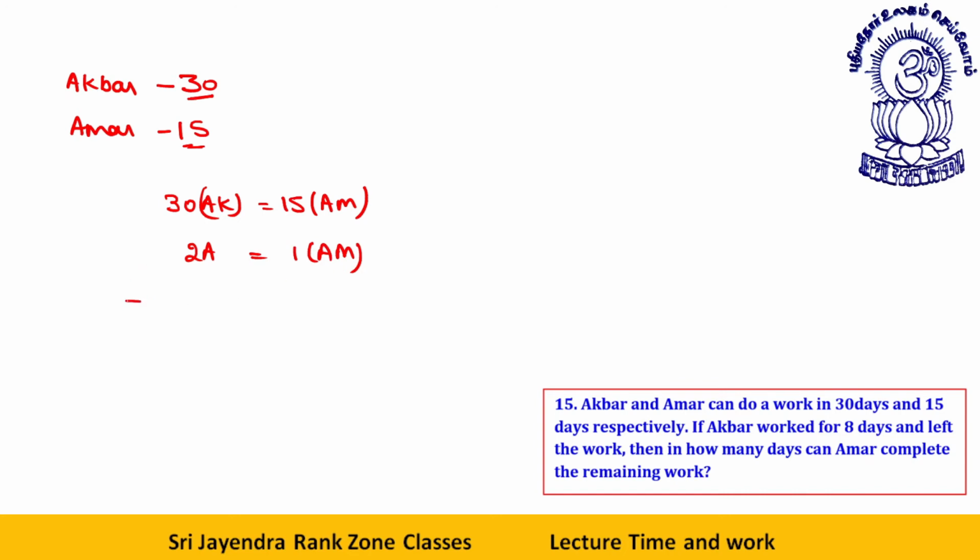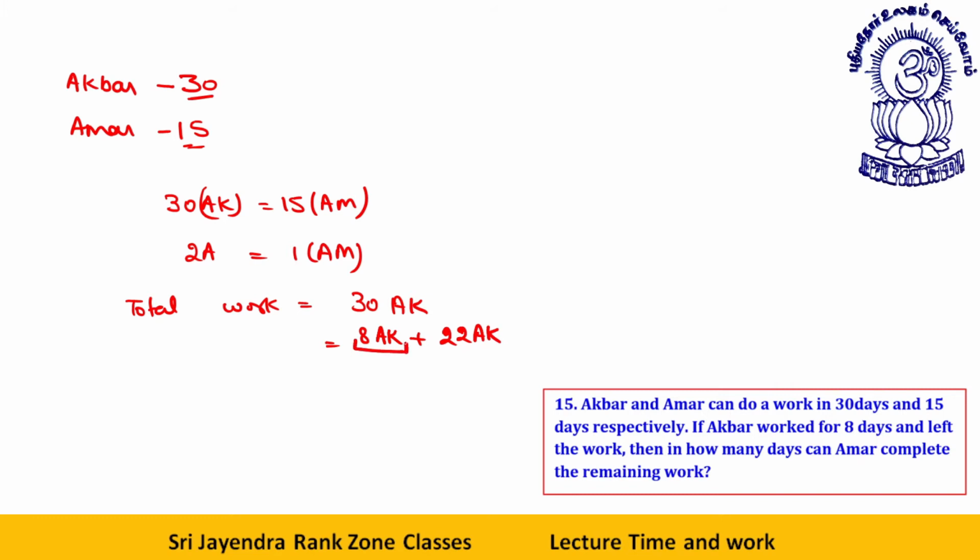Okay. Total work is 30 Akbar. 30 Akbar I break as 8 Akbar plus 22 Akbar.